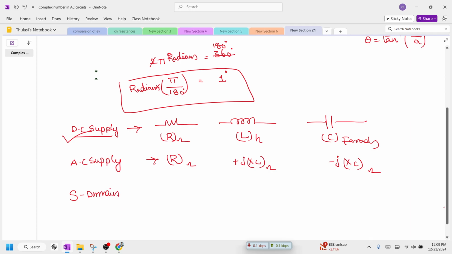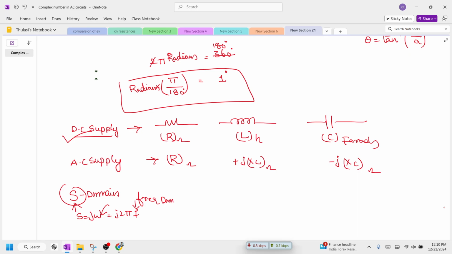S domain means frequency domain, because S is equal to j omega, where omega is 2 pi f. So in this frequency domain also we can write R ohms, SL ohms, and 1 by SC ohms.